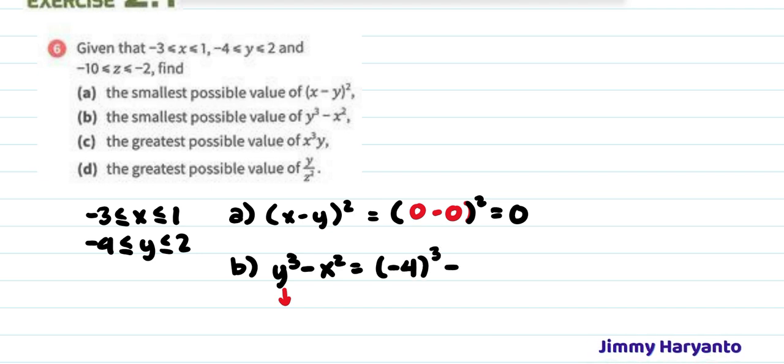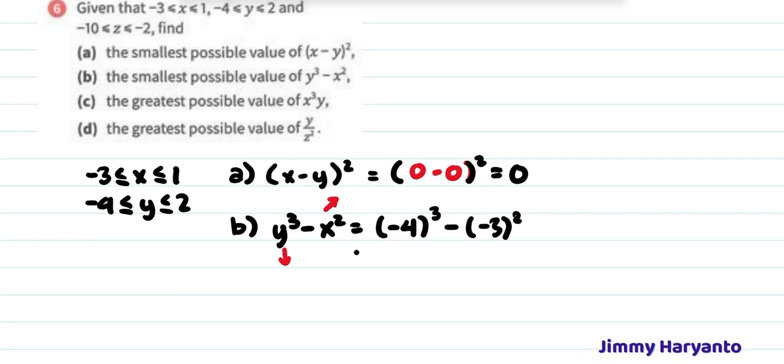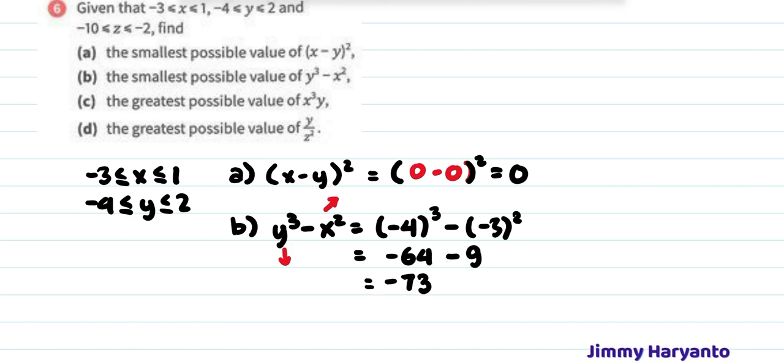And then for the x squared to become the smallest, this one has to be the greatest, that means -3. -3 will give us the greatest number. So for this one you'll have -64 and then -9, so you have -73 as the final result for this one.